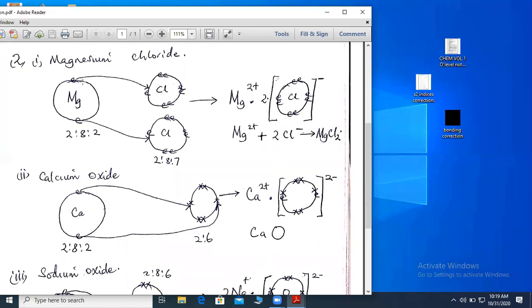The first question was asking you to show how magnesium chloride can be formed. Now, magnesium chloride is a compound formed between magnesium and chlorine.